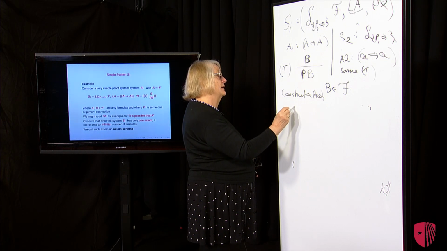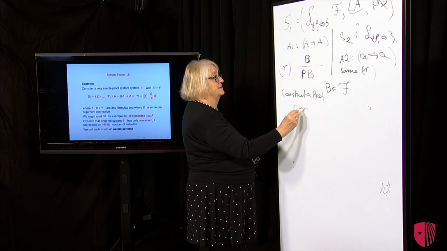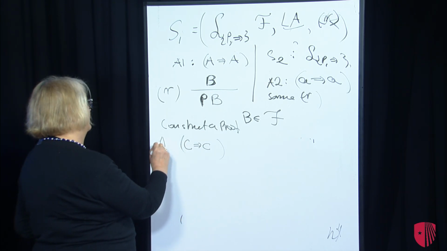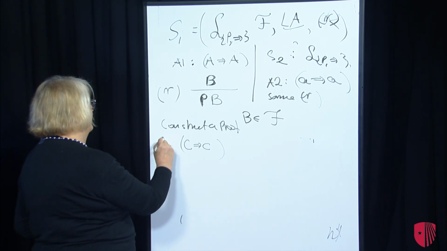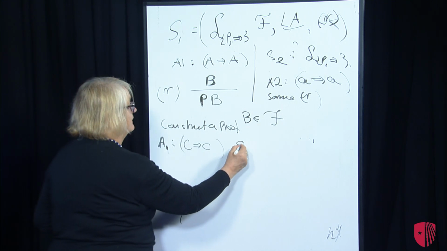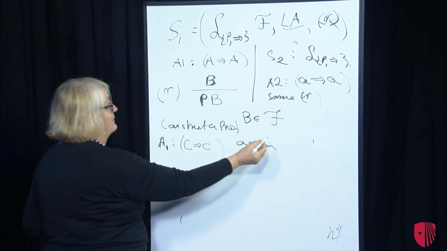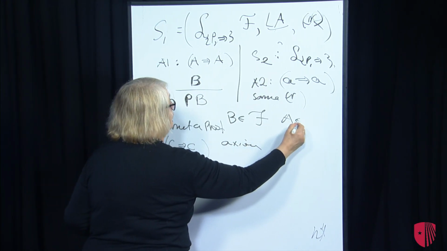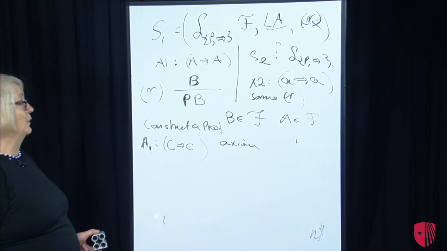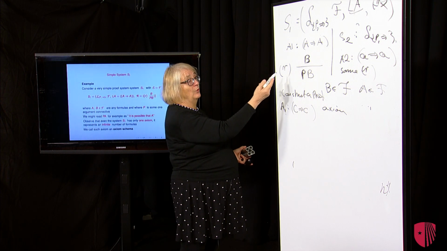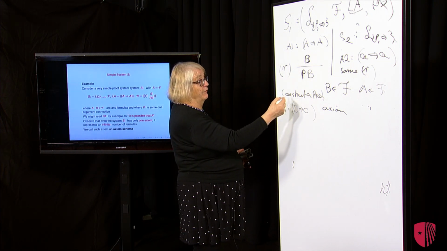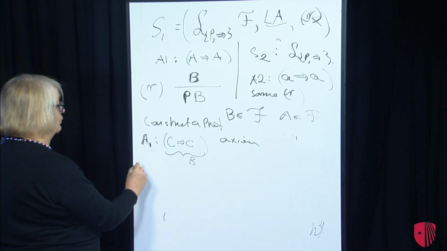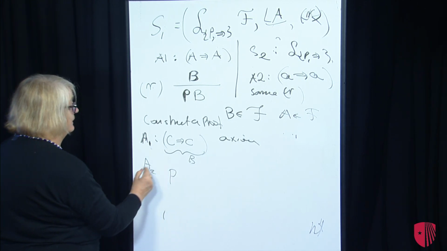So for example, I write C implies C, capital C. This is an axiom, because A is any formula, so I call this formula C. Now, what the rule of inference says is that if I have a formula, that is my formula B, I can apply this rule and write P in front.